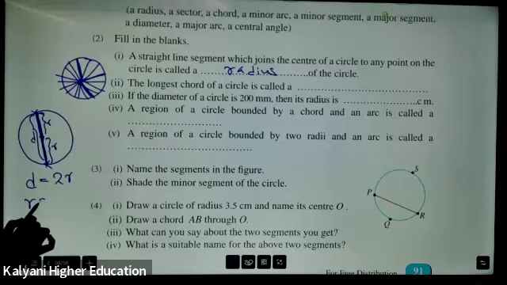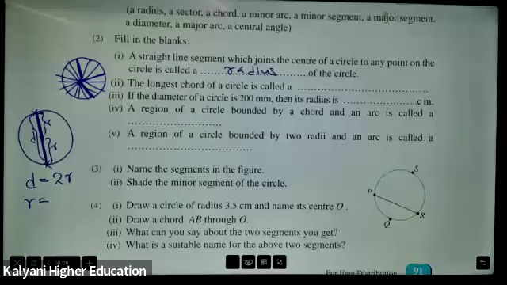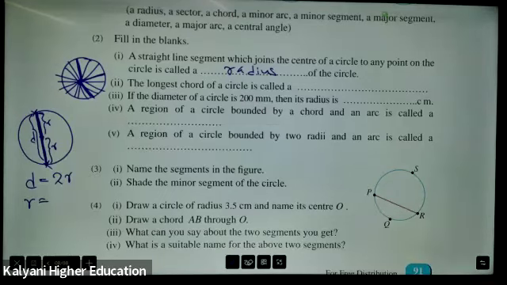Then the radius is equal to what? The diameter is equal to two radii, which means the radius is equal to one.